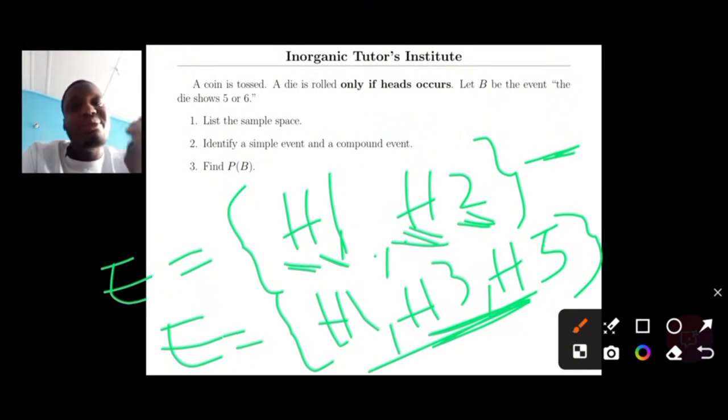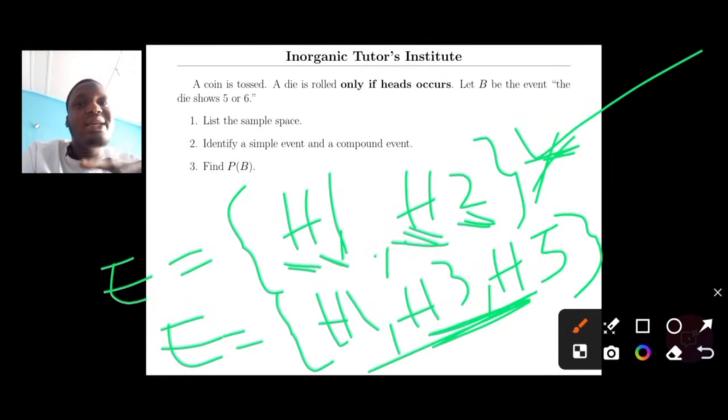See how it is? Not a single way to. That's why you need to explain or write something down to make your answers valid or complete. So this one, someone might say the event of tossing a head and getting a 1 or tossing a head and getting a 2. The person is right. Someone might also say the event of tossing a head and rolling a number less than 3.